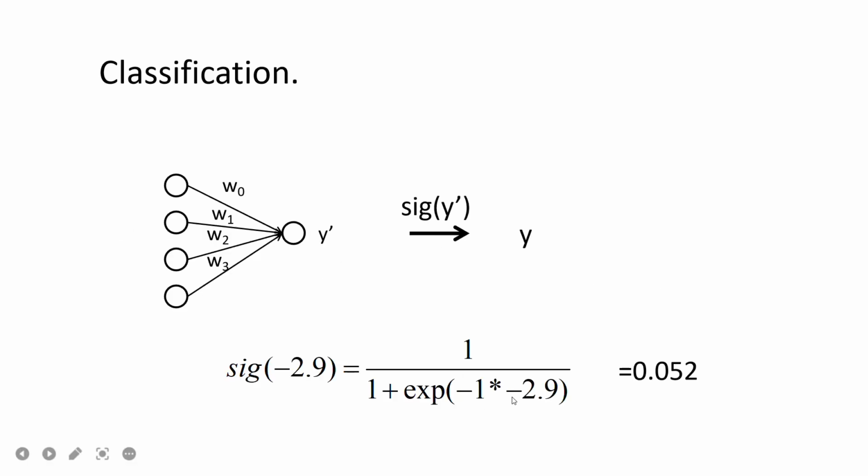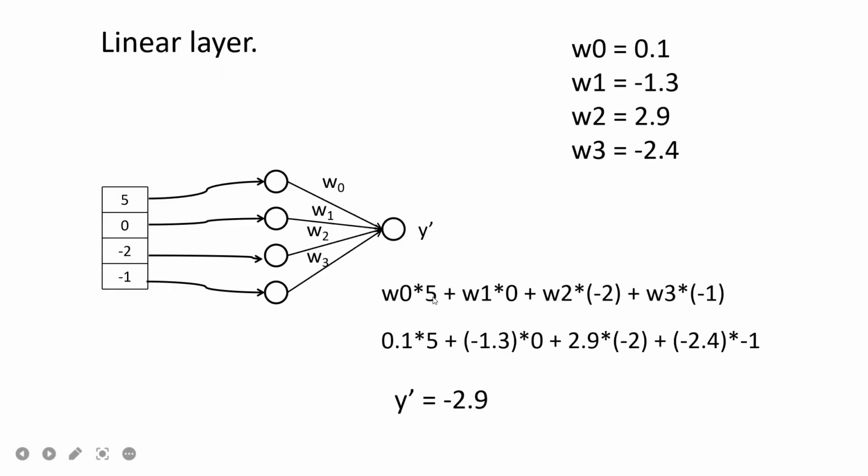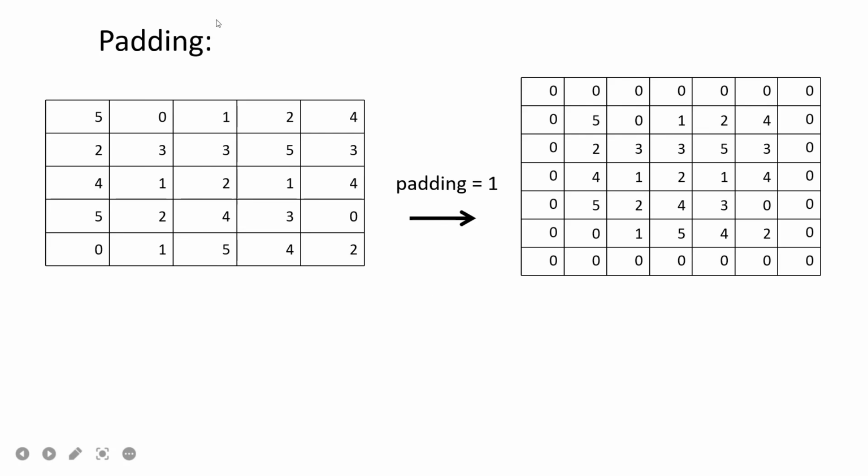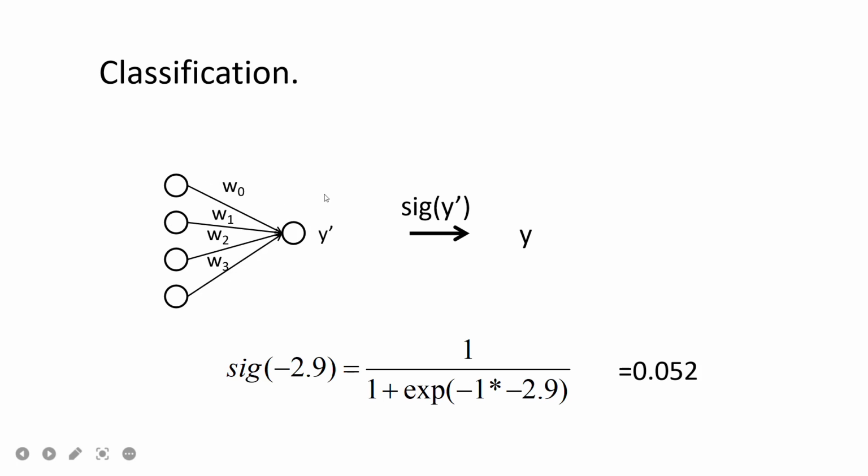The last thing that we had was using a sigmoid for classification. So y dash we got in the last step as minus 2.9. We will use the definition of sigmoid, and we get 0.052. Now what does this mean? It is the probability of the particular image that I had shown earlier belonging to the first class.